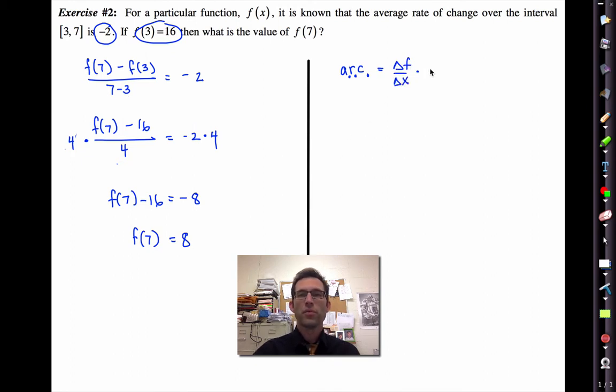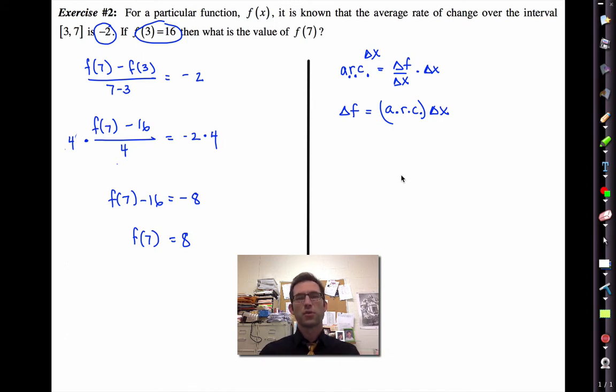Now, if I multiply both sides of this equation by delta x, then I see that the change in the function can always be calculated by taking the average rate of change and multiplying it by delta x. Just think about that for a minute. How much the function has changed is equal to the average rate of change times delta x.